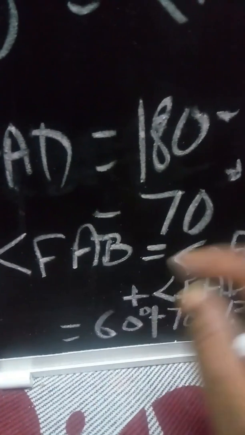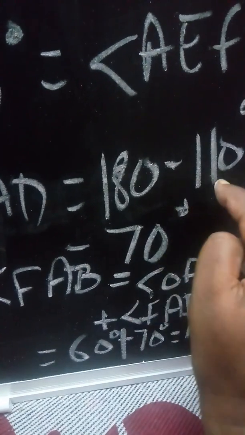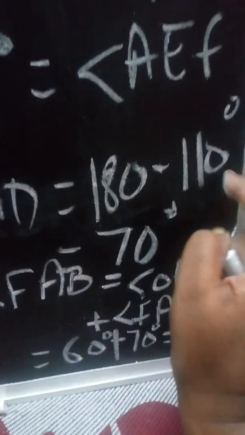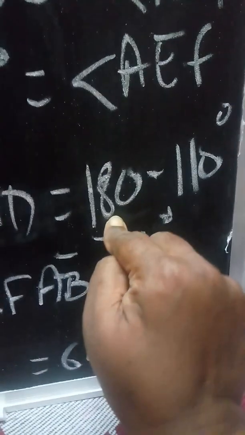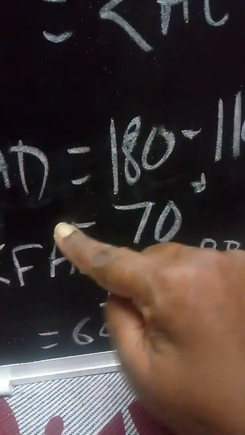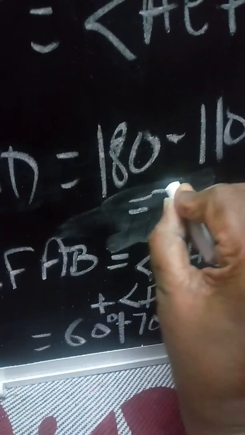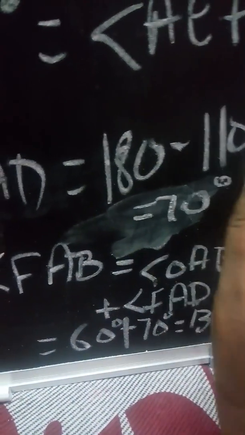So angle FAB will be equal to 130 degree. This you all understood now: the opposite angles of a cyclic quadrilateral are supplementary. So I have subtracted 180 minus 110, which is equal to 70 degree.